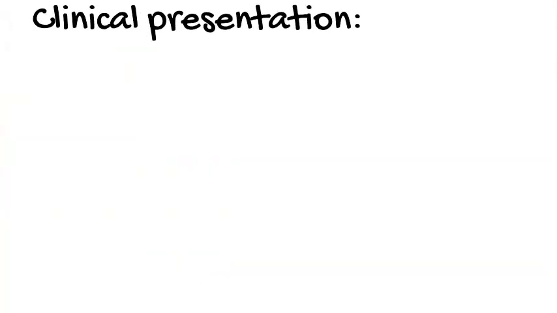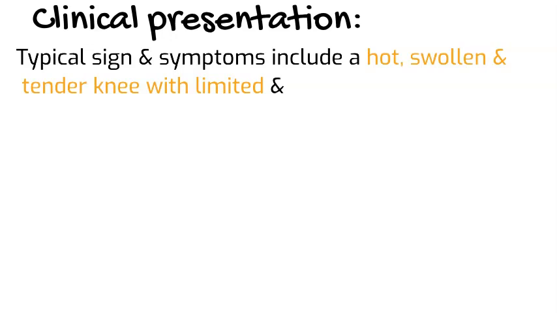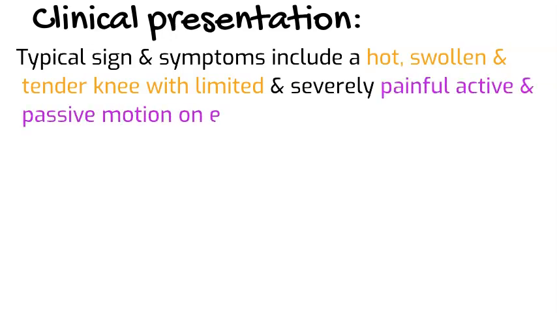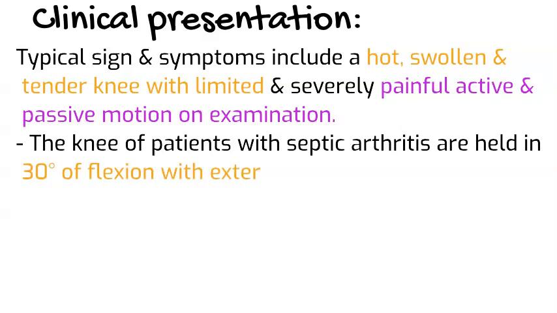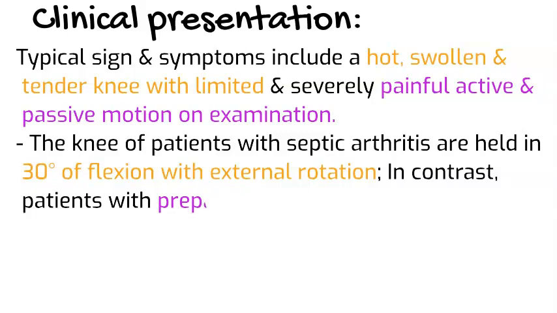Regarding clinical presentation, typical signs and symptoms include a hot, swollen, and tender knee with limited and severely painful active and passive motion on examination. The knee of patients with septic arthritis is held in 30 degrees of flexion with external rotation.